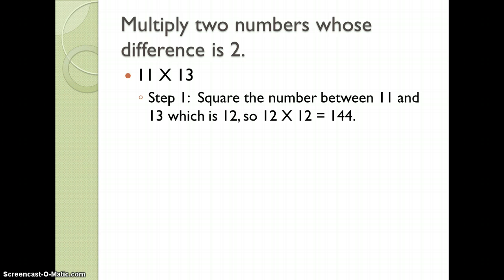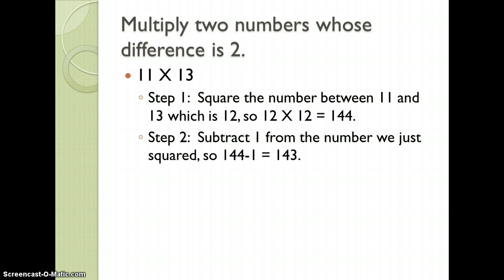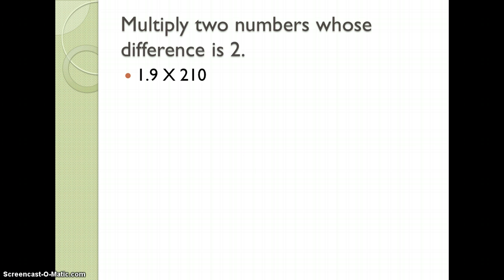So the first step is to square the number in between 11 and 13, which is 12. 12 times 12 is 144. Step 2, we need to subtract 1 from the number we just squared. So 144 minus 1 equals 143. Apply the test of reasonableness. Since there were no decimals or zeros, we can assume that 143 is the correct answer.